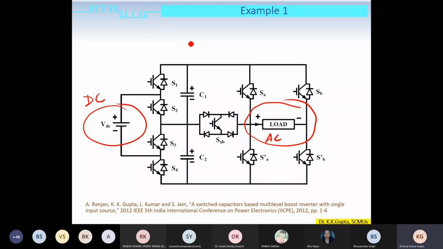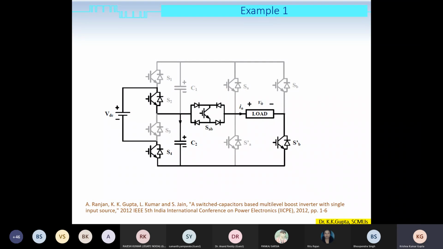In order to boost the voltage, I am using two capacitors, C1 and C2. I'll be showing you some of the working states of this topology, and we can see how a voltage gain is achieved simultaneously with a multi-level output.